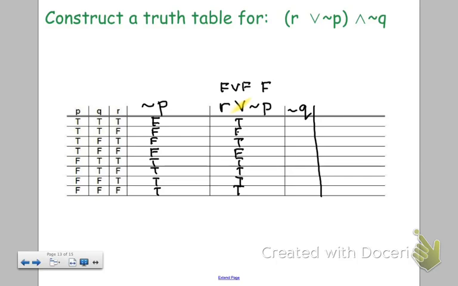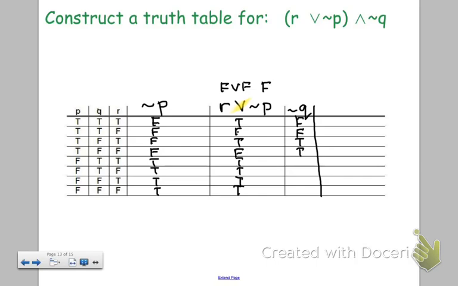In my original Q column, Q was true in the first row, so not Q will be false. Q was true in my second row, so not Q in my second row will be false. Q is false in my third row, so not Q in my third row will be true. Q is false in my fourth row, so not Q will be true.